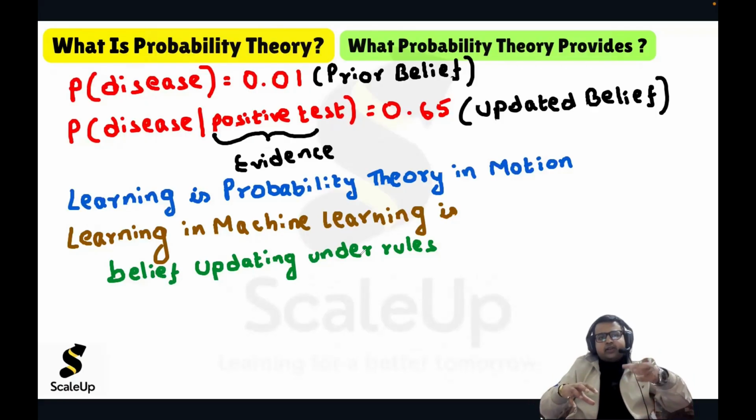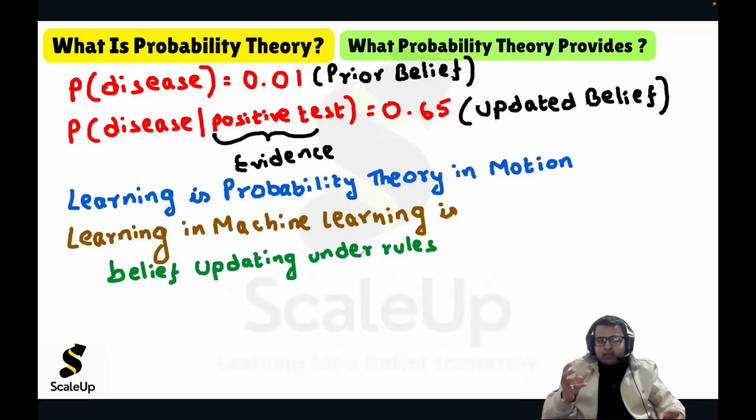Using that belief we make a prediction, and we compare our prediction with the ground reality, with the evidence, and the difference is the error, the loss. The loss tells us that our belief is wrong, or we are in the wrong direction. So we update the belief so that we minimize the loss.